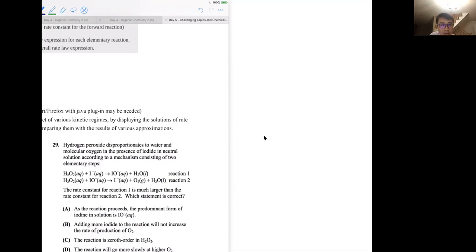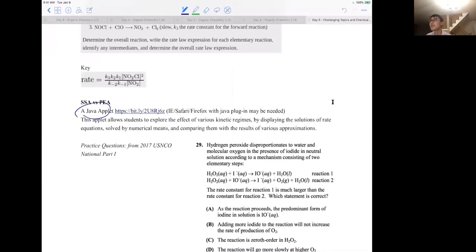Okay, maybe you guys can try it by yourself after class. Just a little reminder: first, you may need to have IE, which means Safari doesn't work. Or you can download a kind of old version of Firefox. The most updated Firefox doesn't work because it does not support Java.